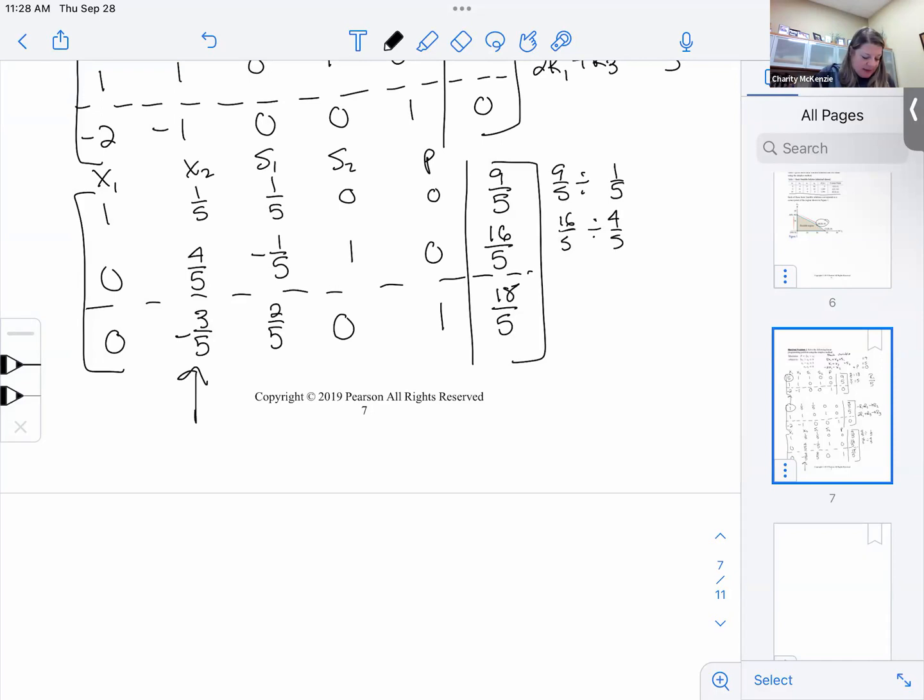So I'm going to do that in here. 9/5 divided by 1/5 is 0.36, or 9/25. I'm just going to write it as 0.36. Okay, and then 16 divided by 5 divided by 4 divided by 5. I think it's doing it in the right order. It's 0.16. Let me make sure real quick that I have this right.